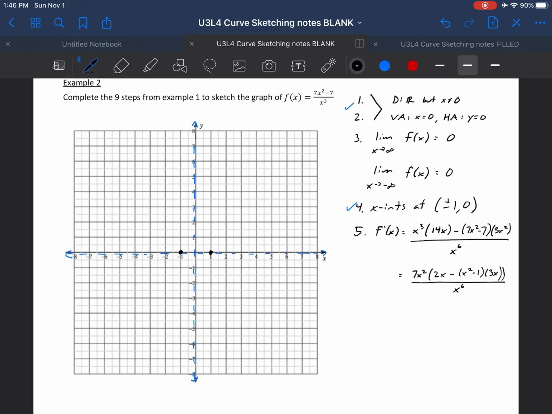Now if we clean this up a little bit, this is going to be 7. I'm going to cancel the x squared and the x to the 6th. And we've got 2x minus 3x cubed plus 3x. Yeah, you guys probably saw this. I caught another one of my errors.